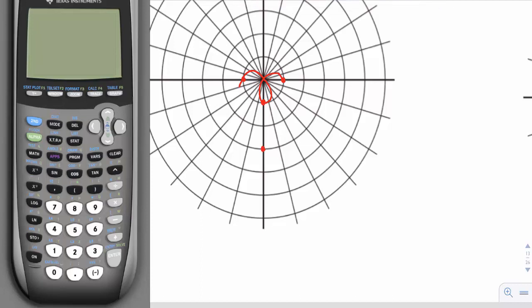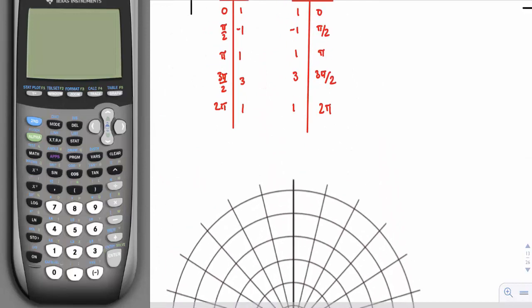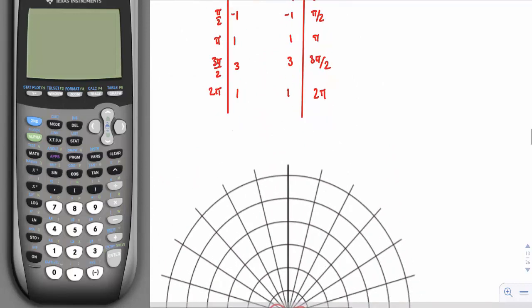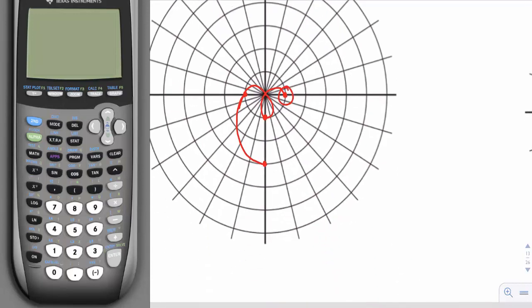So I'm going to come down here and hit that next point. And hopefully you can see the pattern here, but if not, you do have one more point, which is 1, 2 pi, which is this point moved all the way around. It loops back. So we're going to take this final point here and connect it.